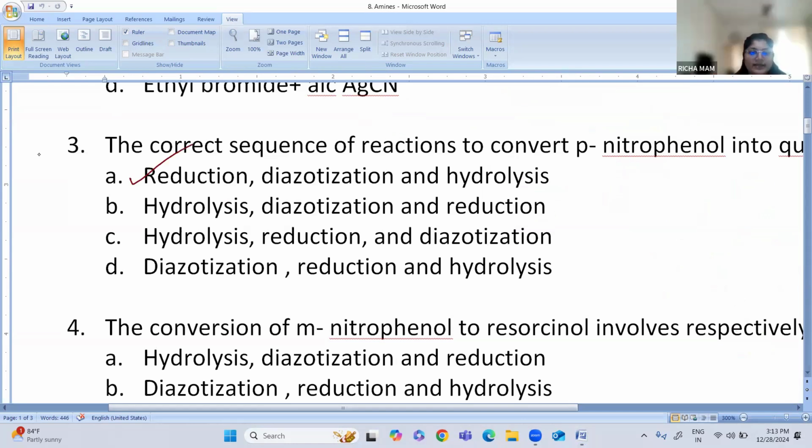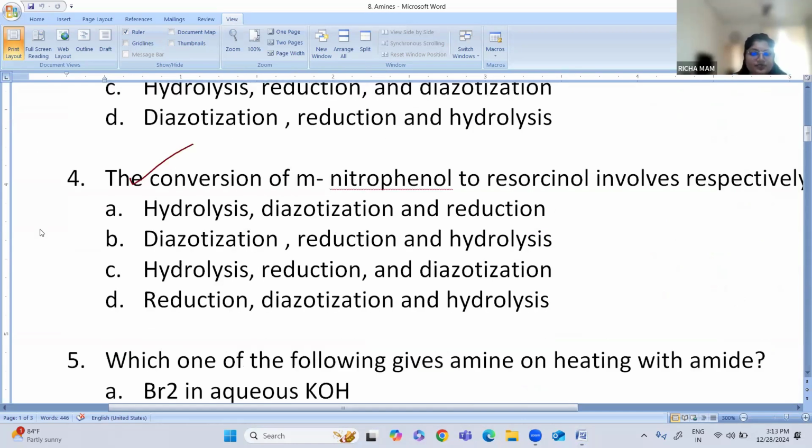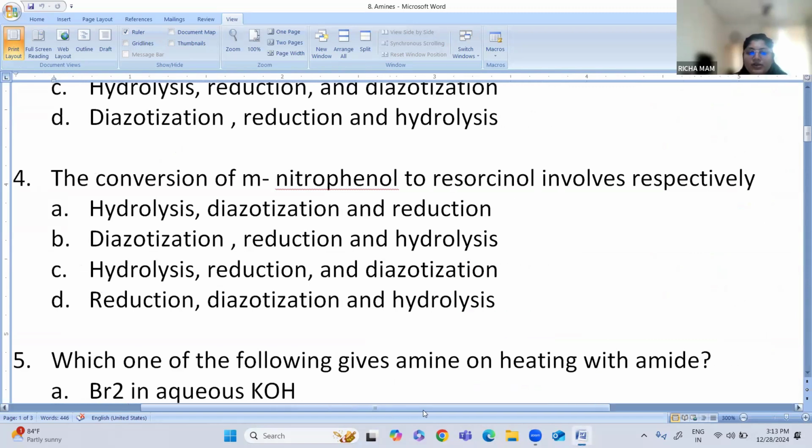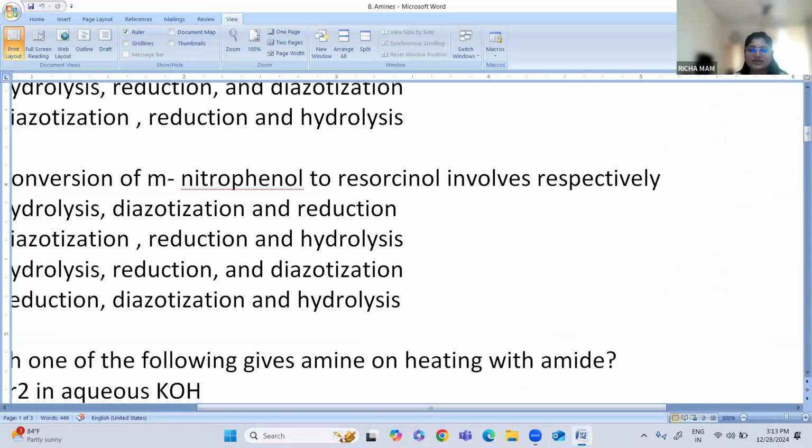Okay, next question. The conversion of metanitrophenol to resorcinol involves, respectively. Metanitrophenol means that with respect to your OH, the nitro group is at the meta position.